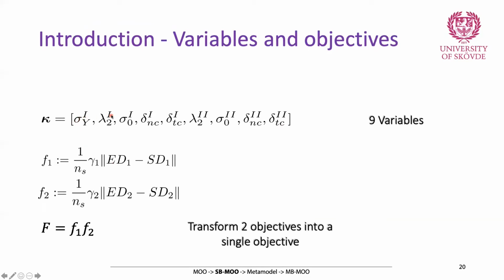The ones with 1 are showing the polymer blend, or the variables related to the polymer blend, and the ones with 2 are related to minerals. So there are 9 variables. But how do we find these variables? How do we find the optimal value for these variables? What we can do is we can run experiments.